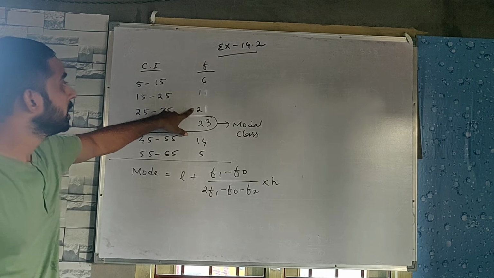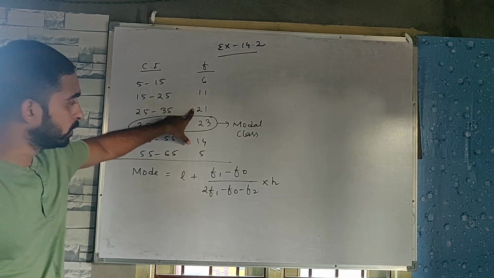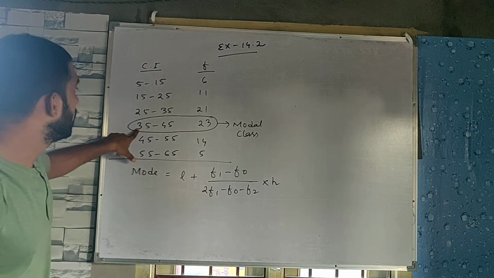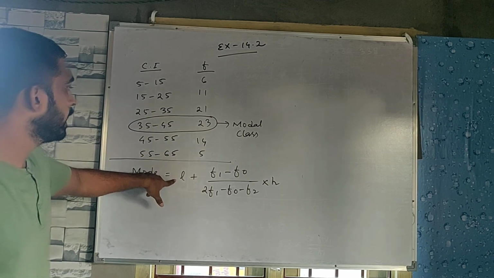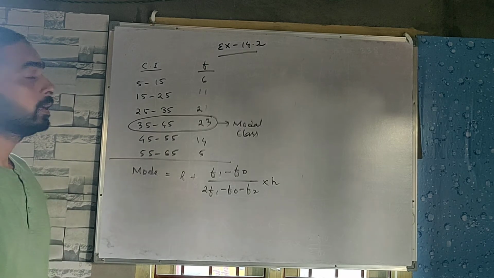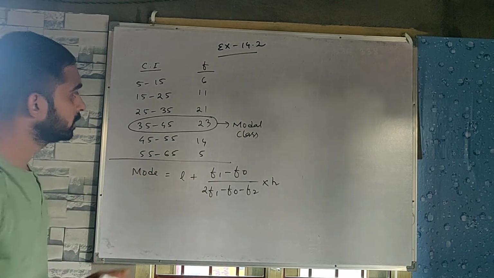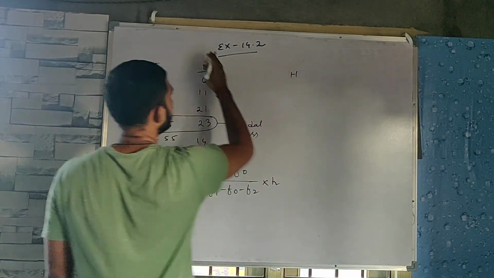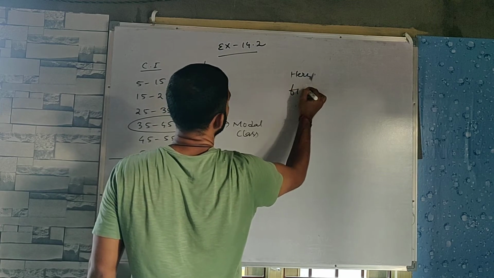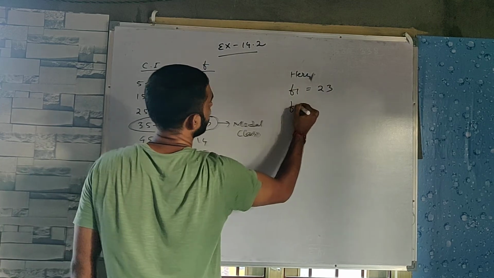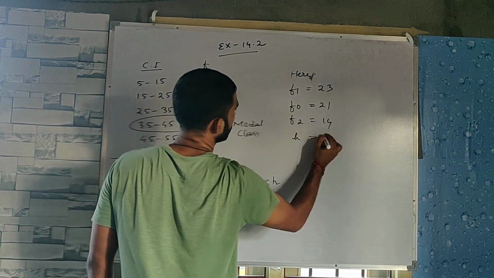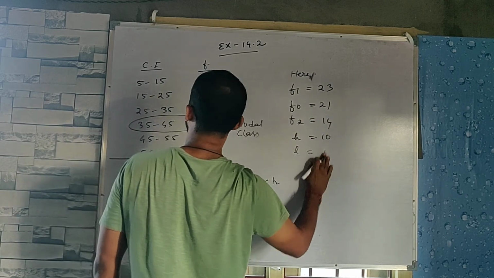The preceding frequency is f0 and the successor's frequency is f2. The lower limit of the modal class is L, and the class interval difference is h. So f1 equals 23, f0 equals 21, f2 equals 14, h equals 10, and L equals 35.